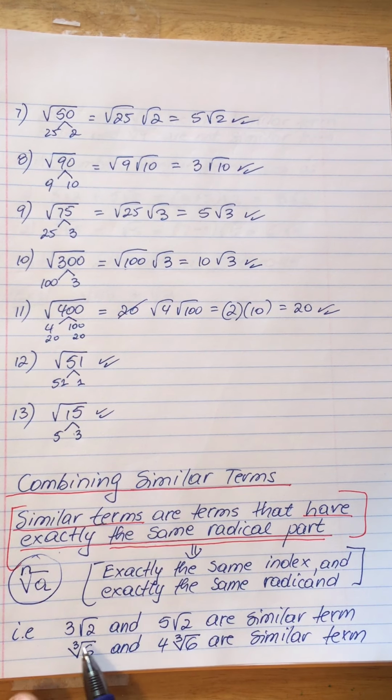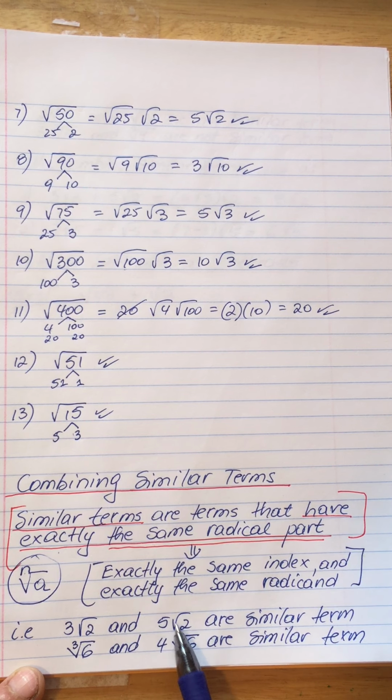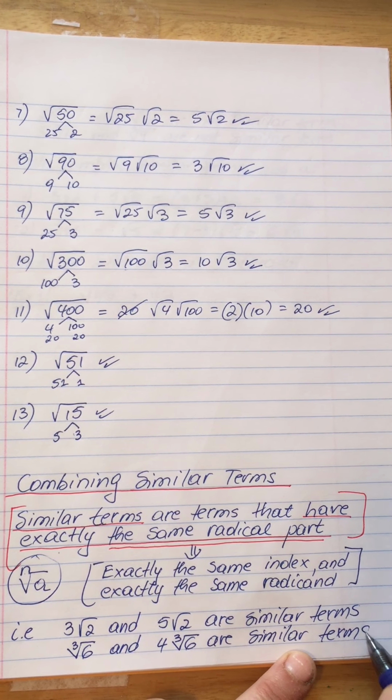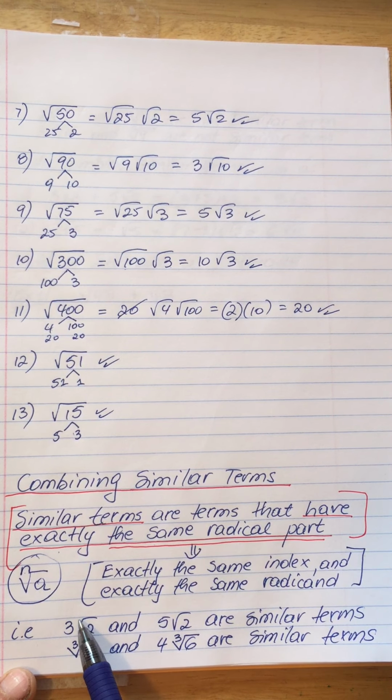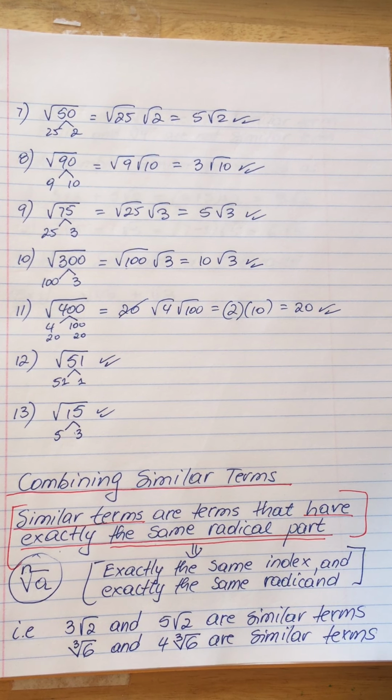For example, 3 square root of 2 and 5 square root of 2 are similar terms because they have exactly the same index and the same radicand. So the radical part is exactly the same. Square root of 2, square root of 2.